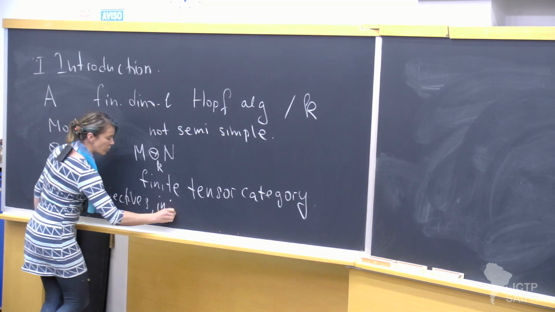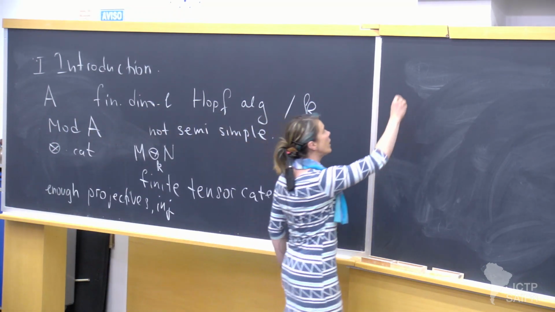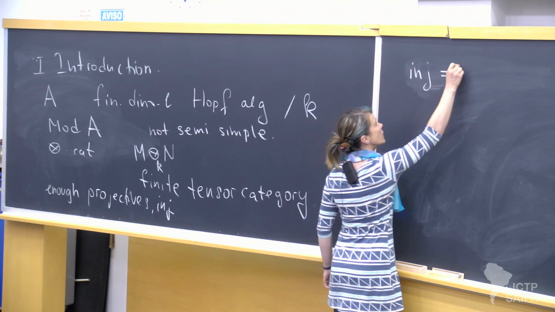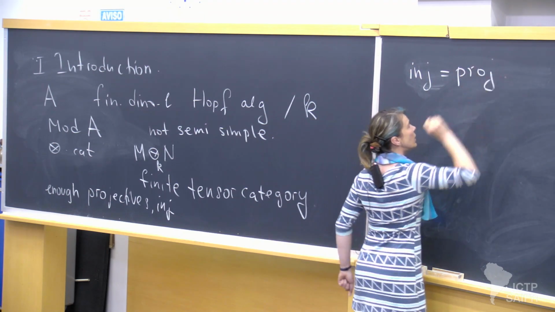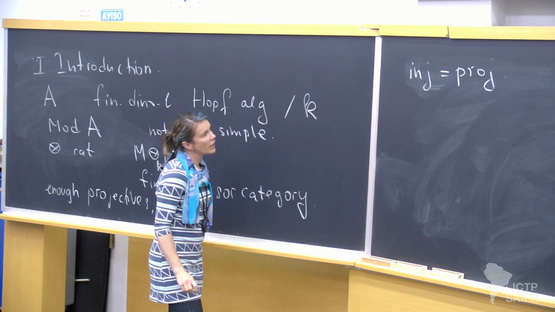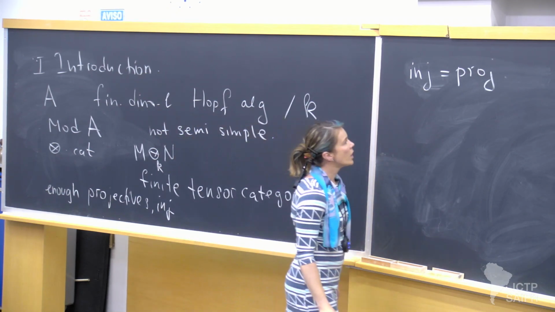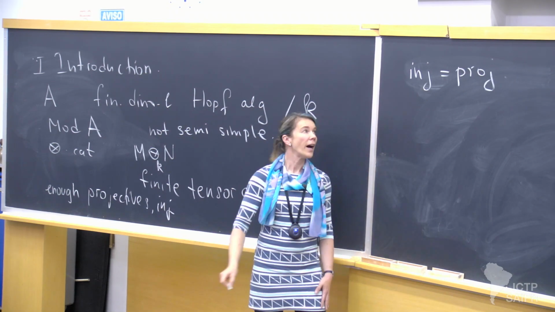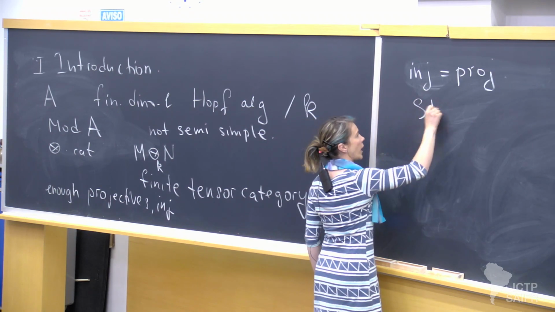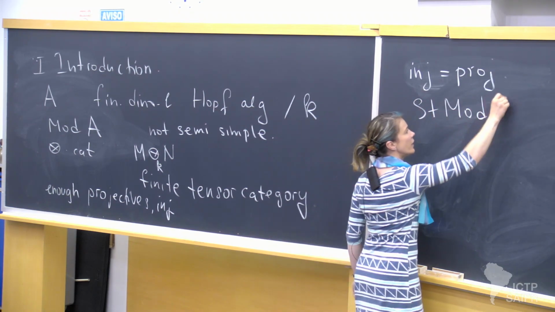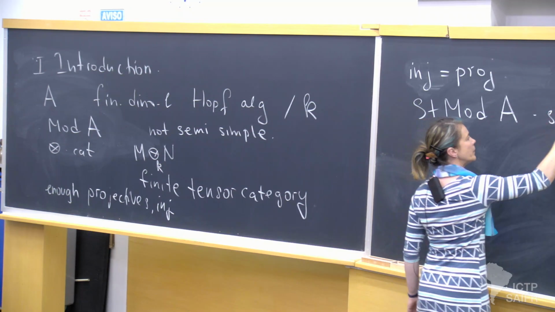In fact, by an old theorem of Larson and Sweedler, injectives are projectives. And this tells me that I can form a tensor triangulated category out of it called the stable module category. And this is really the category that I want to study.